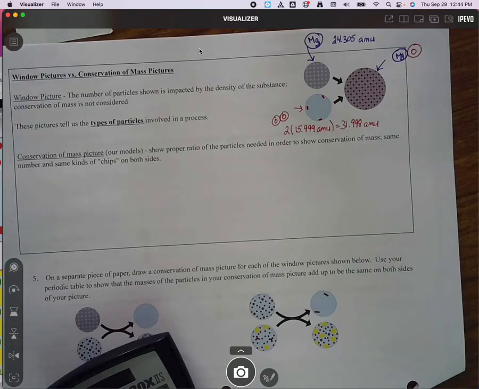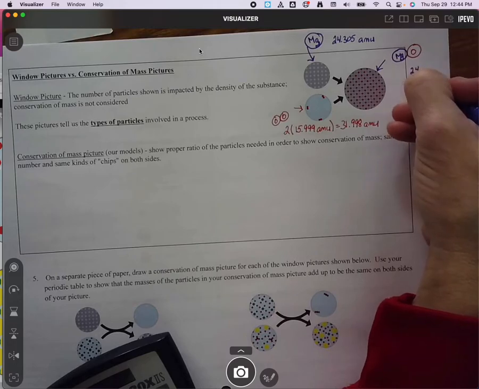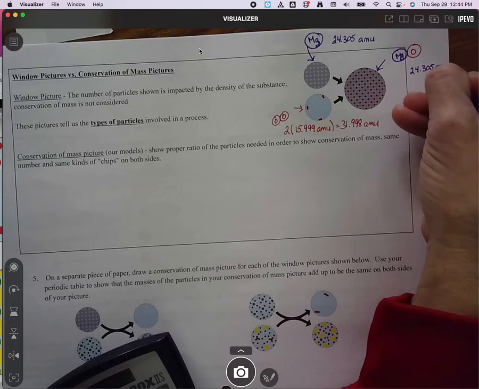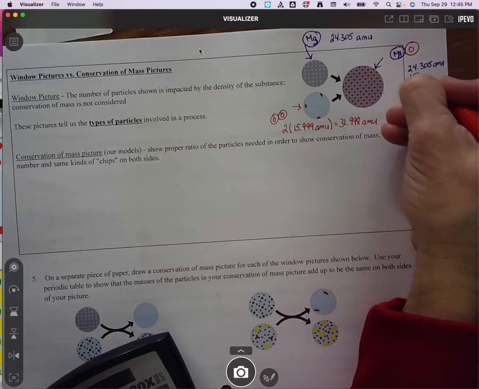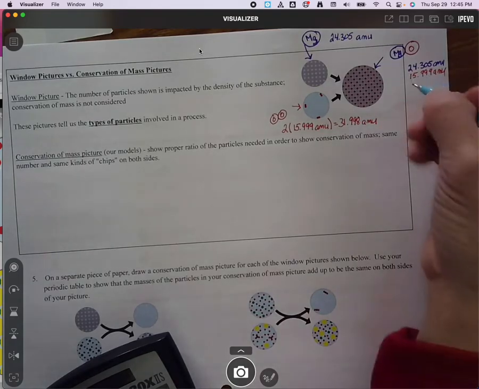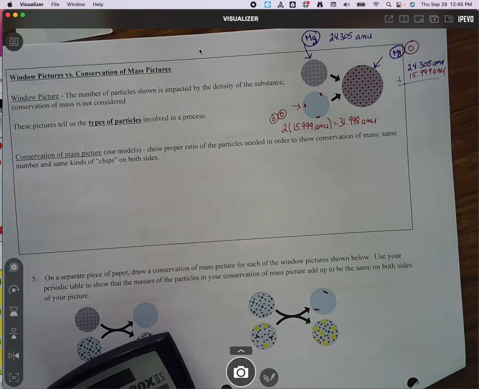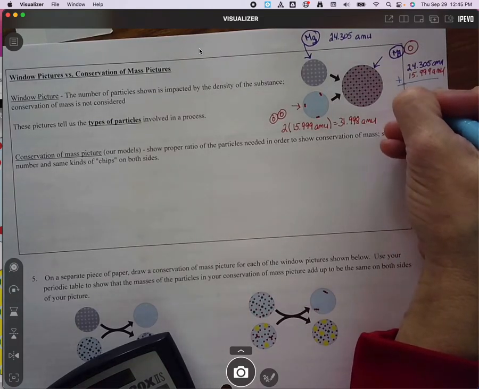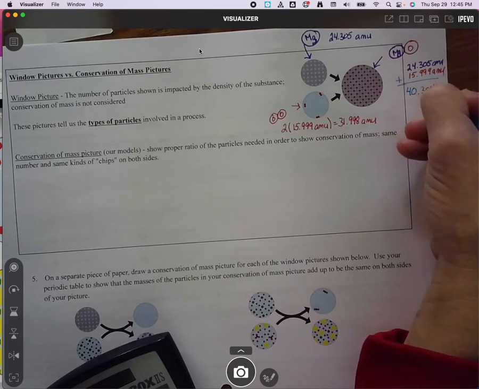And that combination is going to weigh 24.305 AMU plus another 15.999 AMU. And so the total thing is going to be the sum of a magnesium plus an oxygen, or 40.304 AMU.